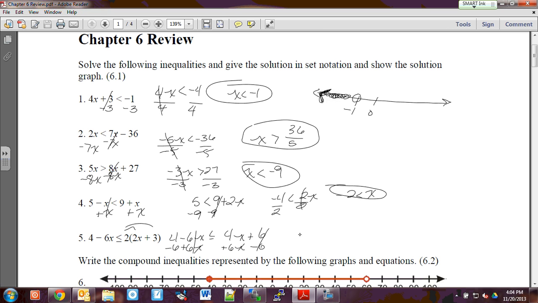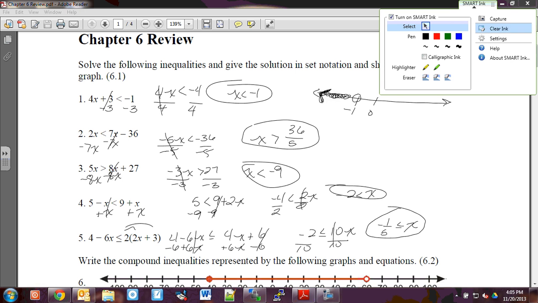So 4 minus 6 is negative 2, less than or equal to 10x. Divide by 10, divide by 10, so negative 1/5 is less than or equal to x. Alright, of course you'd graph those, but like I said, for time's sake, I'm not going to. Alright, so there's the first 5.